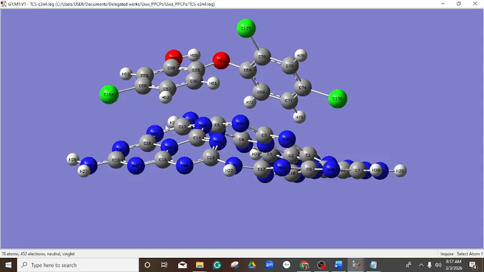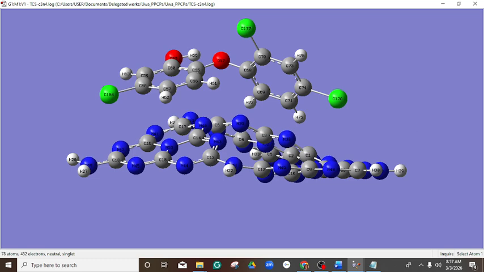So the main difference between TCS and graphitic carbon nitride is nitrogen, chlorine, and oxygen. With these differences, we can easily differentiate both of them.